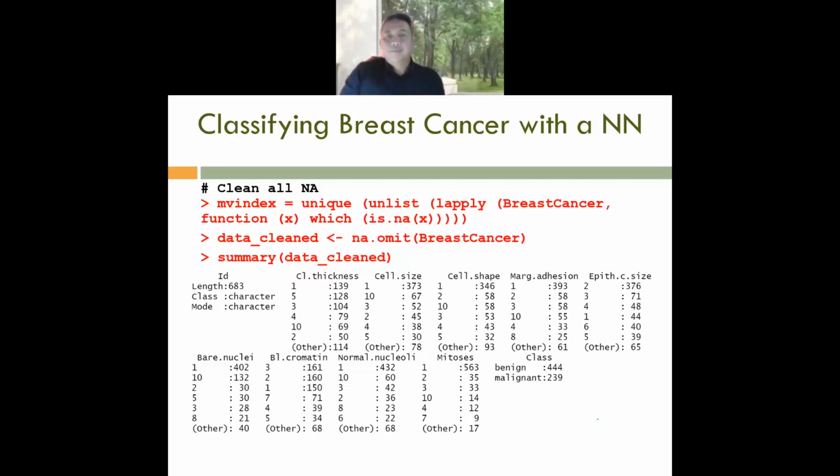This is just to look into whether we have inapplicable or missing values. We apply this function to check whether a particular row has an NA value, and we list all of them.